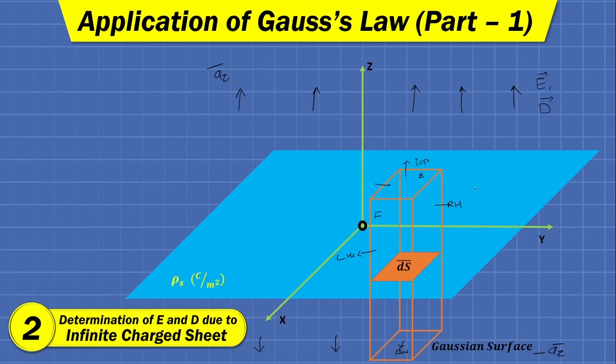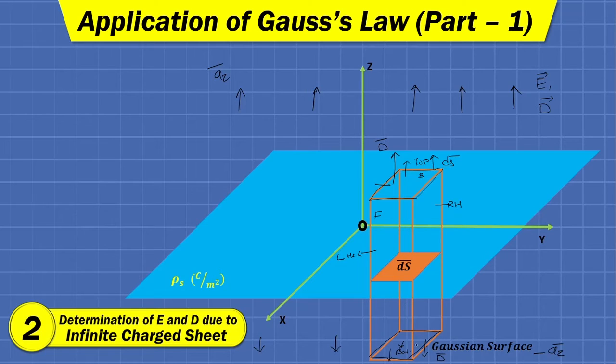Fine, so for top and bottom we have the direction of D bar same as dS bar, because the direction of D bar is a_z bar, and for the top surface the direction of area is upward. Same way for the bottom surface, the direction of D bar is downward and the area is also downward.